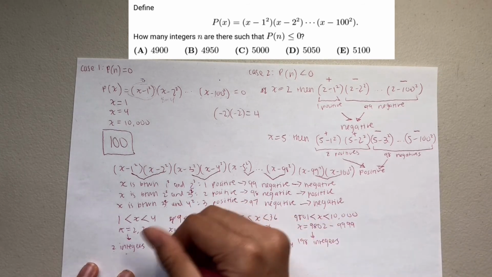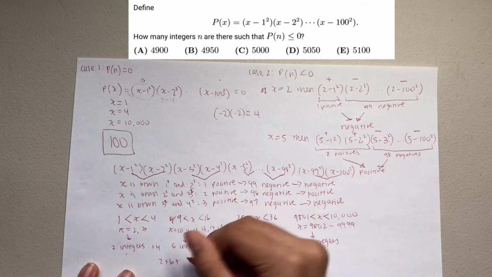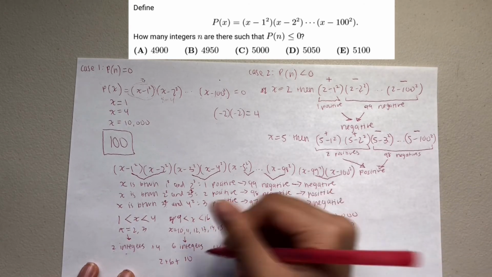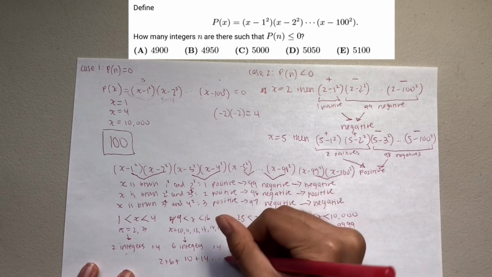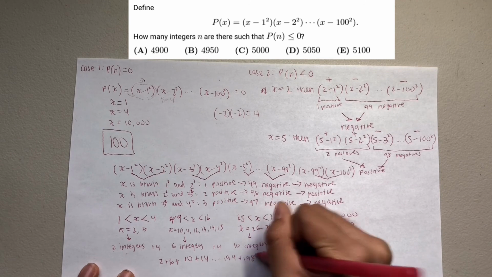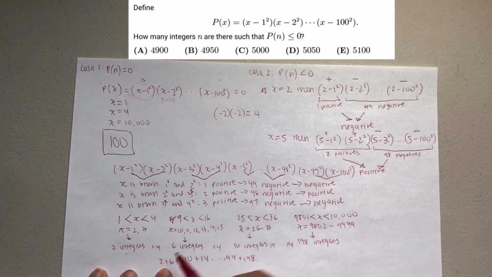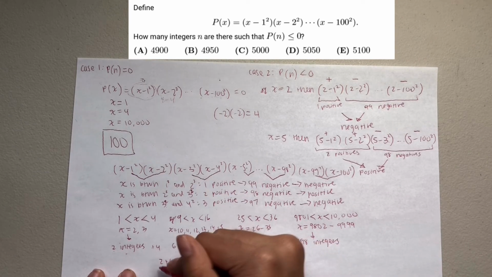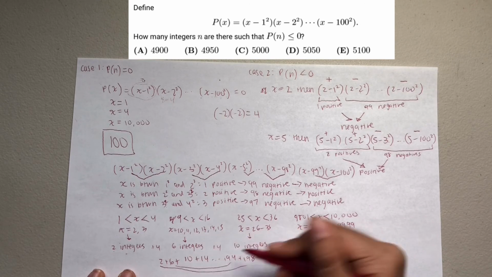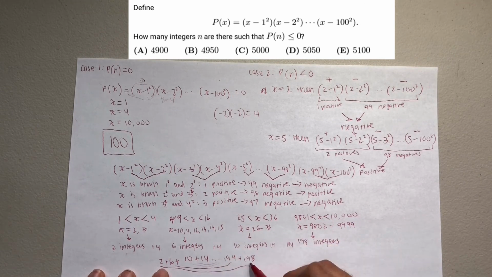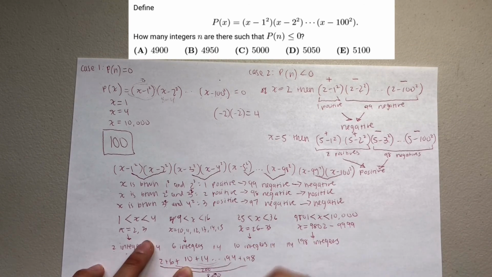In order to find the sum of 2 plus 6 plus 10 plus 14 all the way to 194 plus 198, we see that if we add the first and the last, and then the second and the second to last, then we get the same thing over and over. 198 plus 2 is equal to 200. 6 plus 194 is equal to 200. And so this would be the case for all of these in the middle.